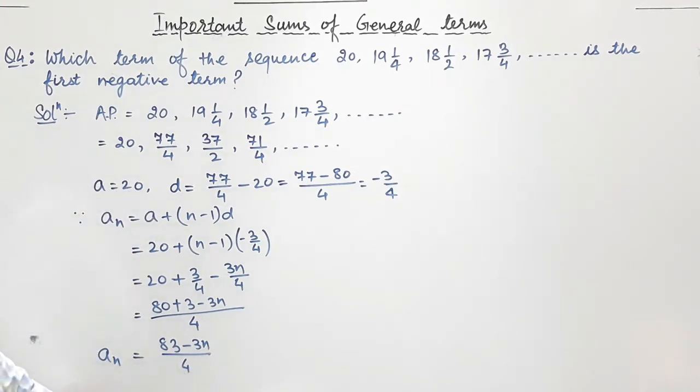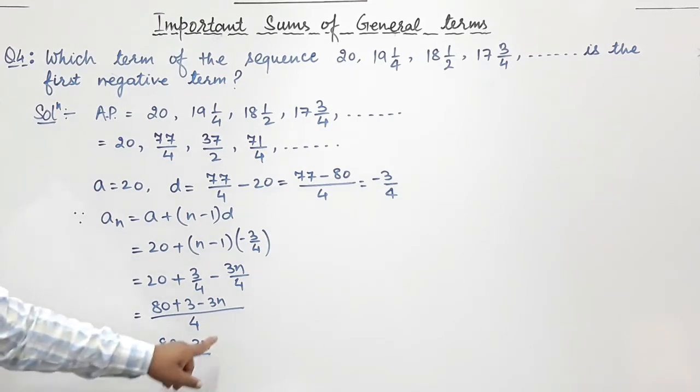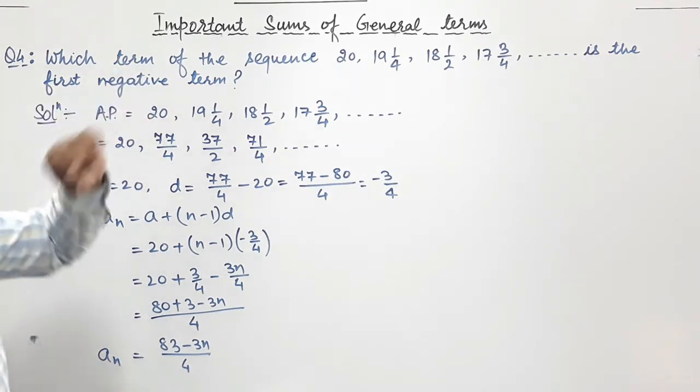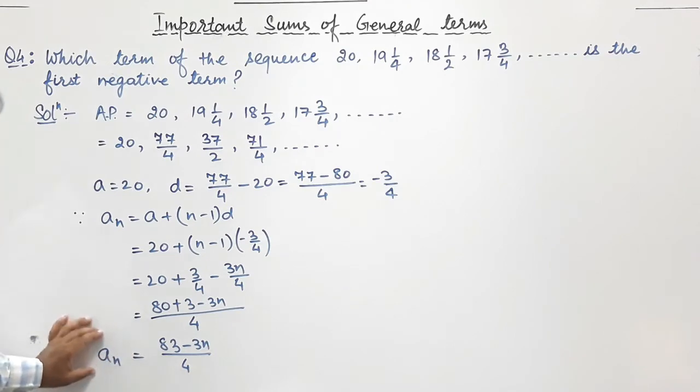Now we got an is equal to 83 minus 3n upon 4. Since in the question it is given the first negative term, this general term will be less than 0.